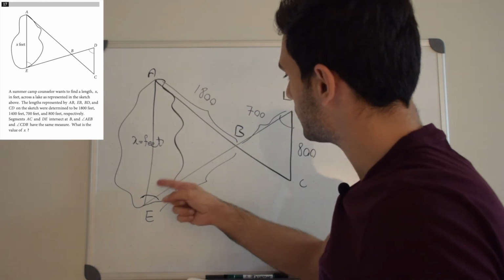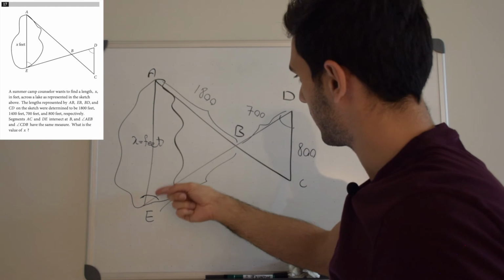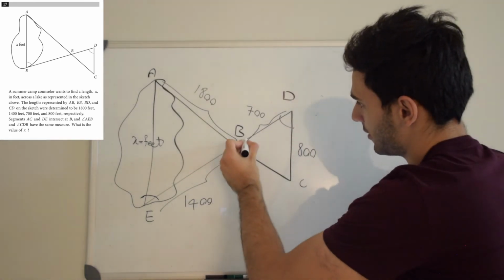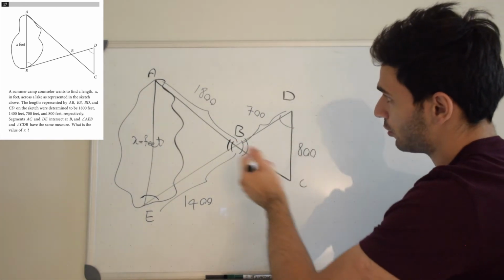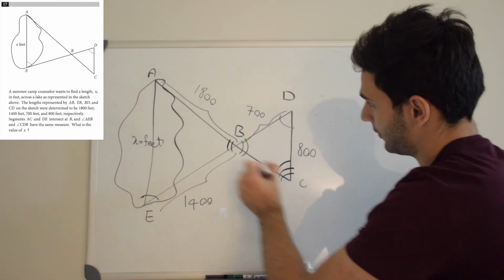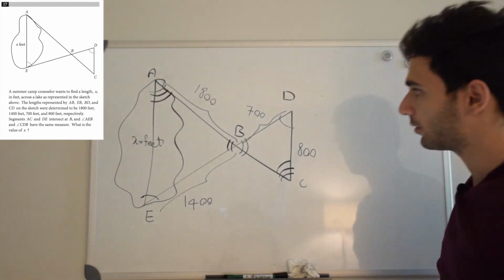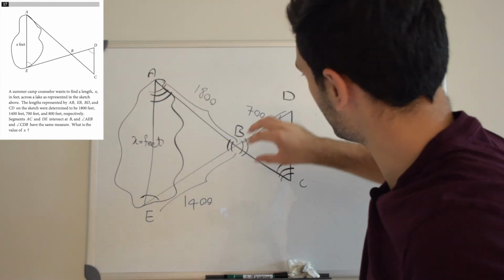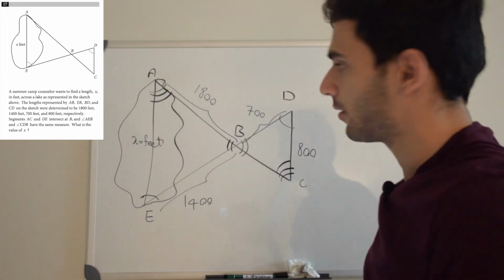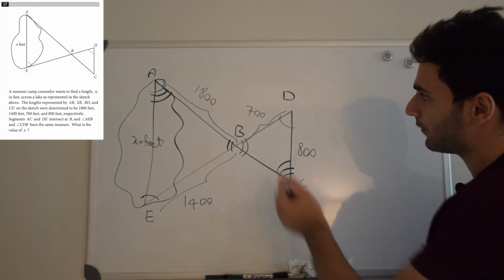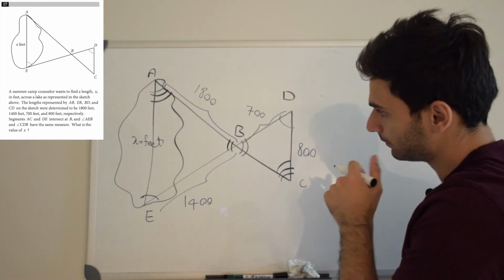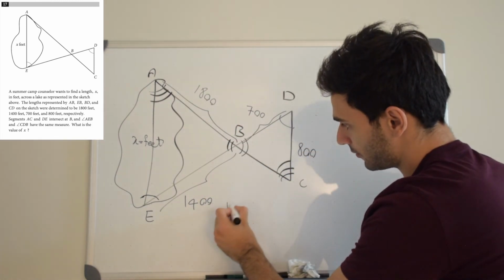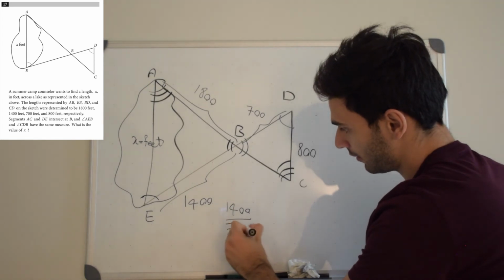Okay, so when these two angles have the same measures, these two angles are having the same measures too, right? So this triangle is the same as this one, just magnified. If it's 700 and 1,400, then 1,400 divided by 700 is 2.